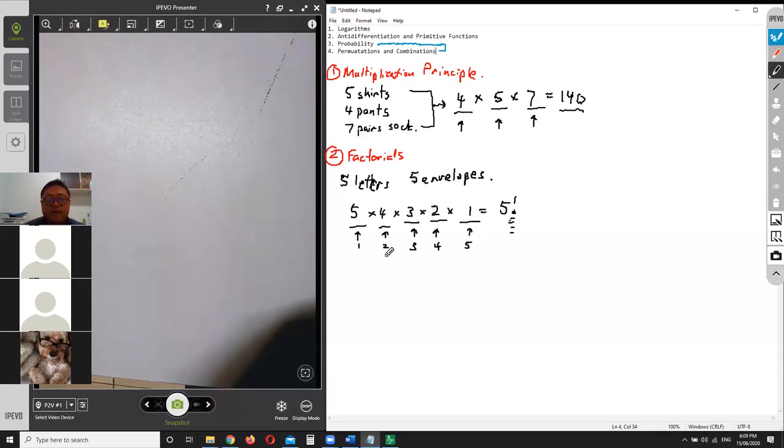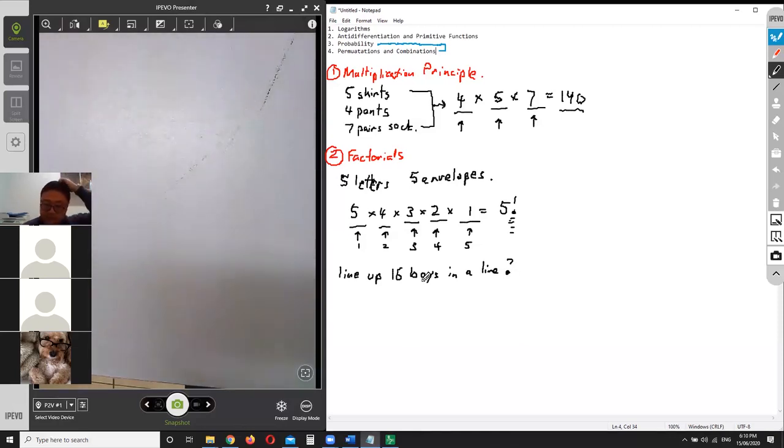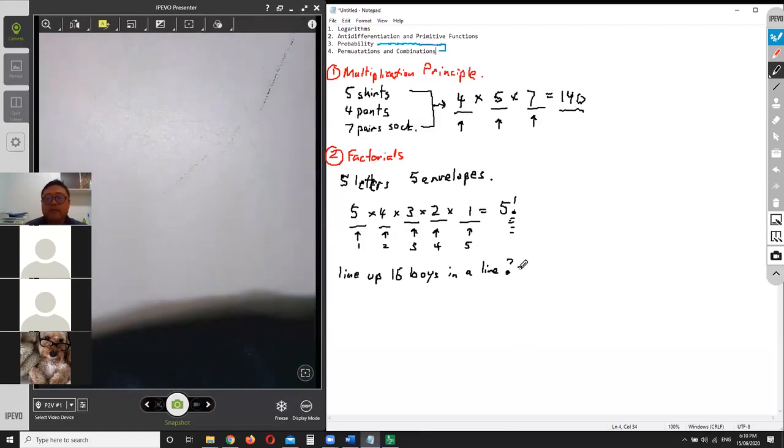Okay. So I'll give you another example, right? How many ways can you line up 16 boys in a line? Is it 16 factorial? Yes, the answer would be 16 factorial. Got it?